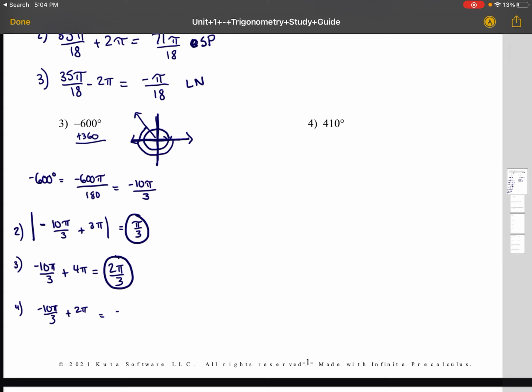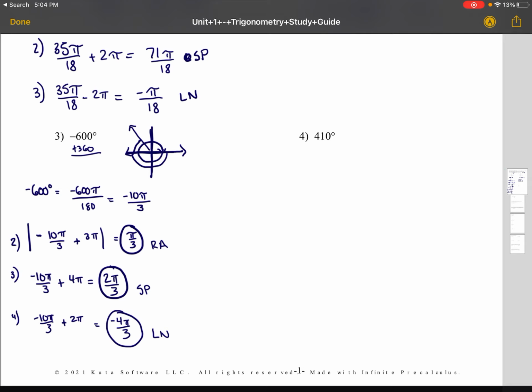That's the same as adding 6 pi over 3, so that's going to be negative 4 pi divided by 3. If we added 2 pi once more, we'd be at positive 2 pi over 3. So this is the largest negative, the smallest positive, and the reference angle.